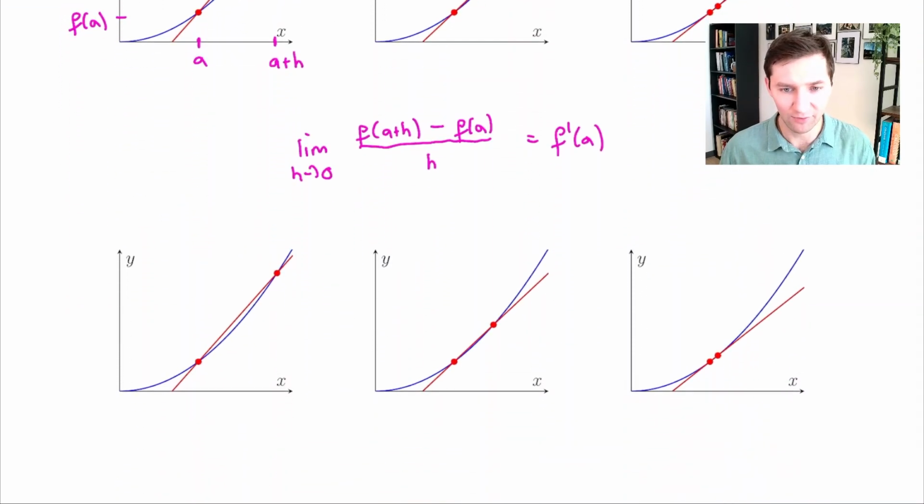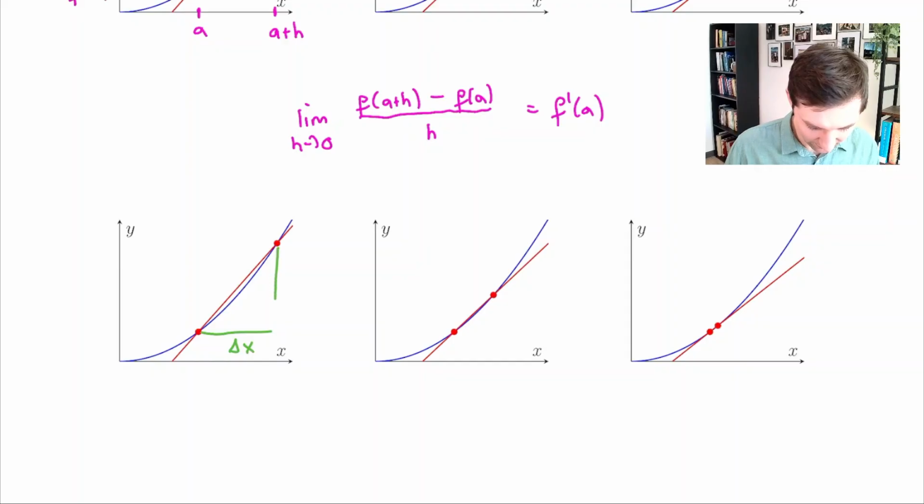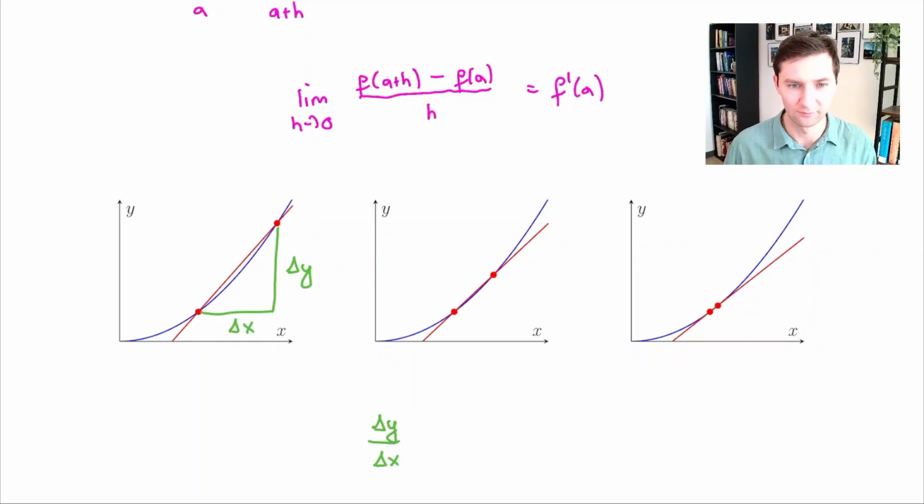Leibniz did the same thing, but used a slightly different notation. He said, the difference in the x values of the 2 points is delta x, and the difference in the y values of the 2 points is delta y. So the slope of the secant line is given simply by delta y divided by delta x. And then he said, let's move the second point closer to the first.